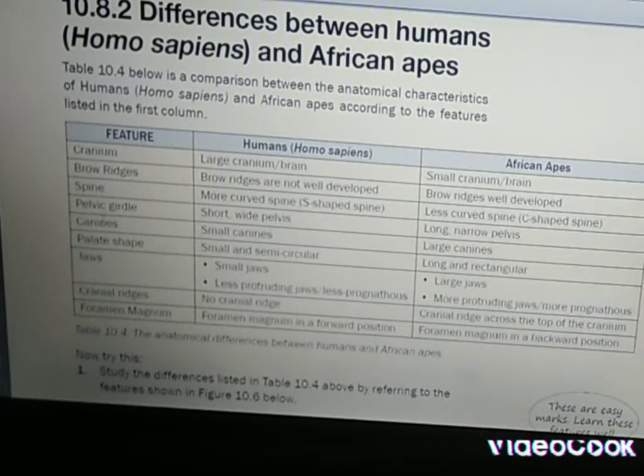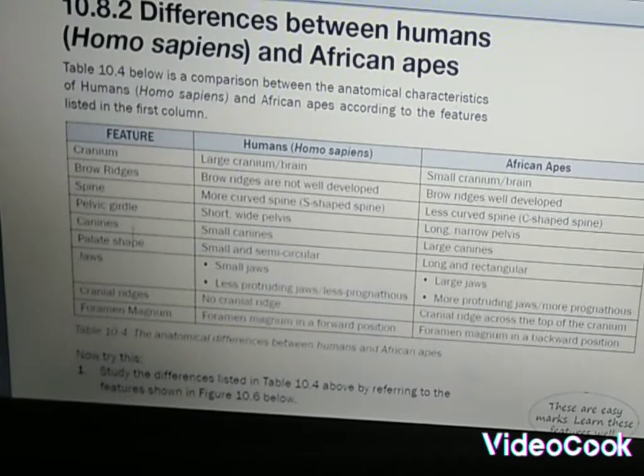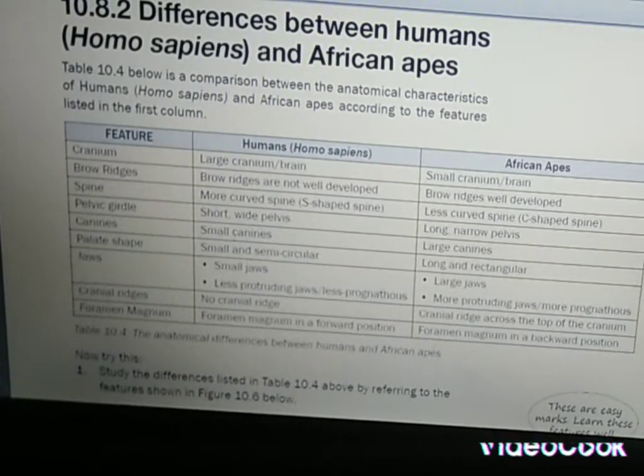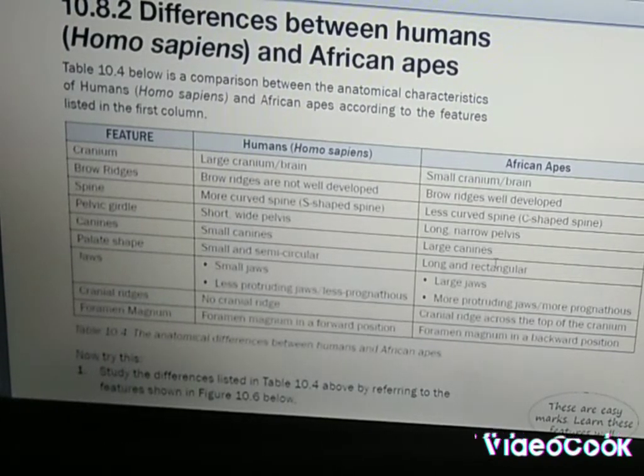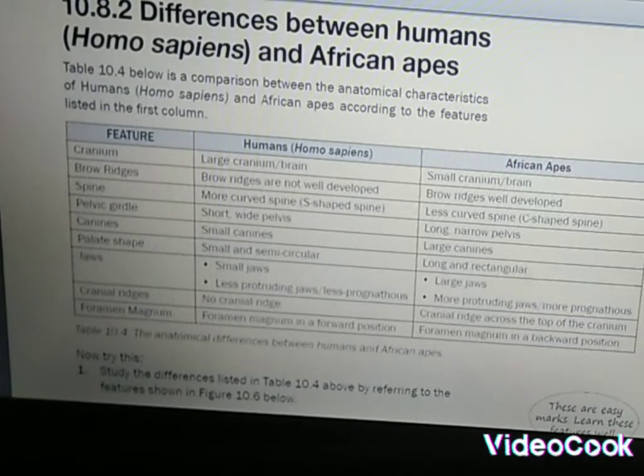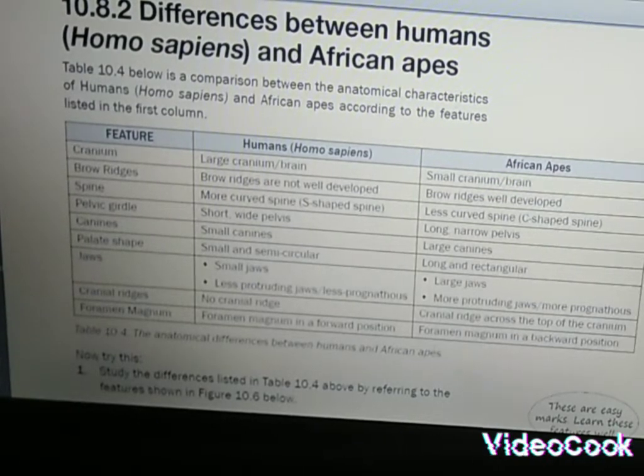When we look at the canine teeth, us humans have smaller canine teeth, but the African apes have very large canine teeth. When we look at the palate shape, it's small and semicircular for us, but the palate of an African ape is long and rectangular. So this tip, we just need to cram it, right?